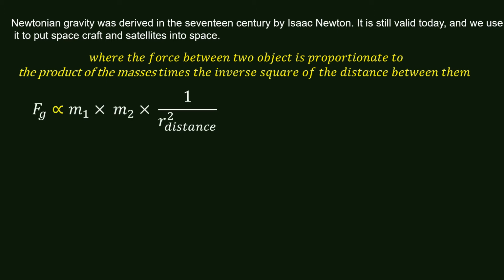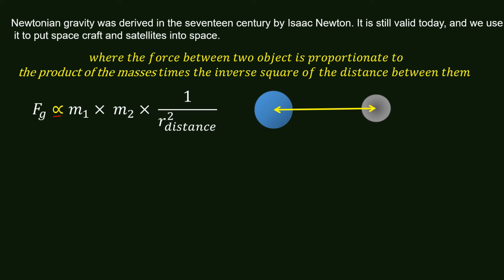So here we have the force of gravity is proportional to the product of the two masses times the inverse square distance. And so we have something like this.